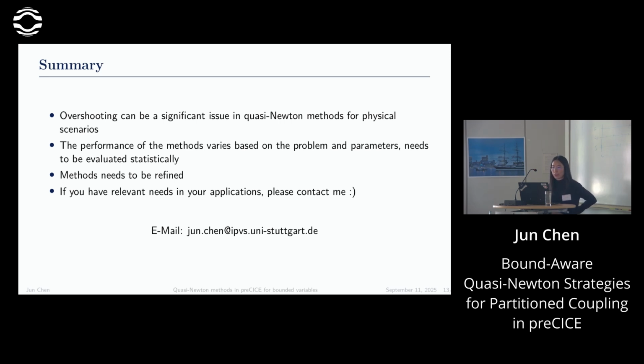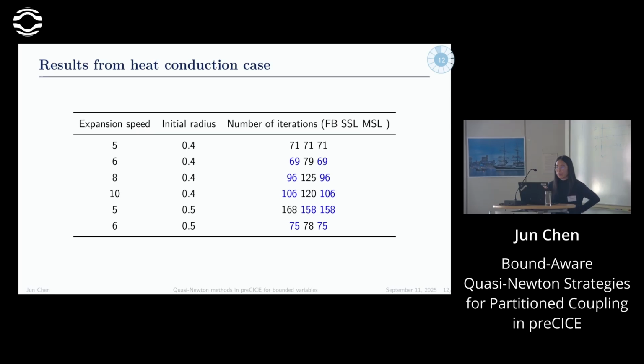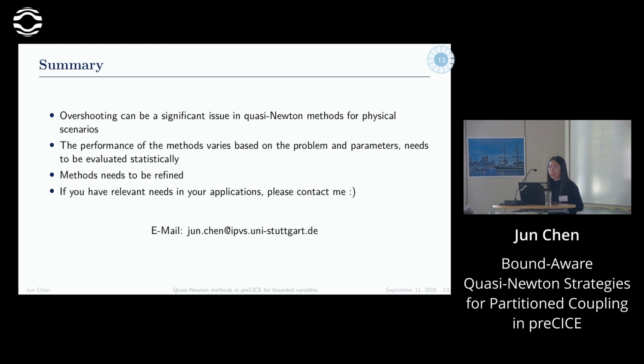The methods also need to be refined, because if I'm going to implement this in preCICE, the fallback and scaling step methods can be merged into one, which is the scaling step, where fallback is the one with 0 times a factor. Then we can make this scaling factor configurable in preCICE so that you can choose how much of the step you want to keep depending on the property of your problem.